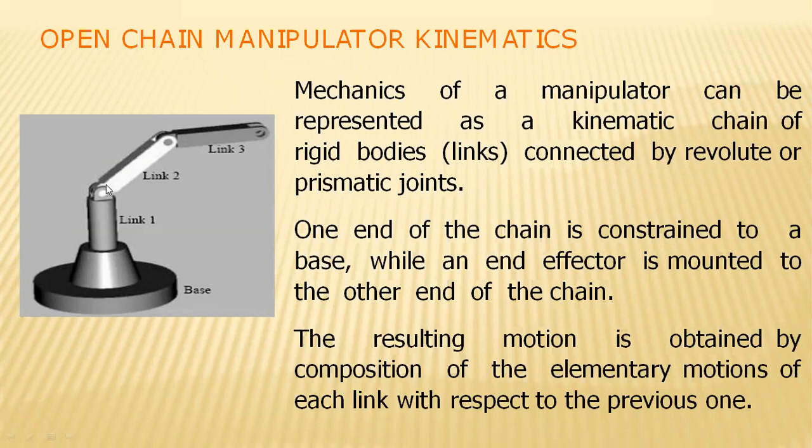Simultaneously, if there is any change in link 2, obviously the end effector position will change towards this position. Just imagine this. Even if link 2 has changed its position, link 3 will change, and the end effector which is attached to link 3 also changes its position.